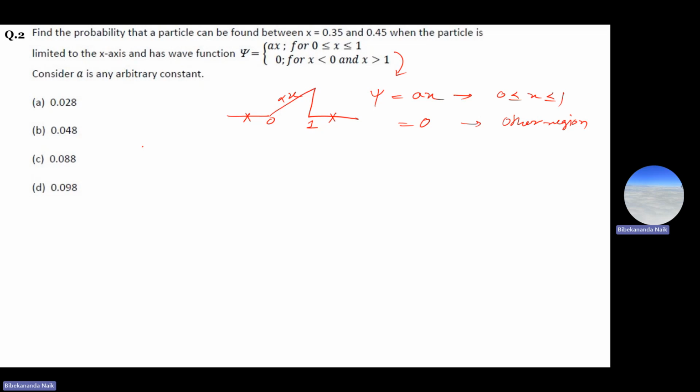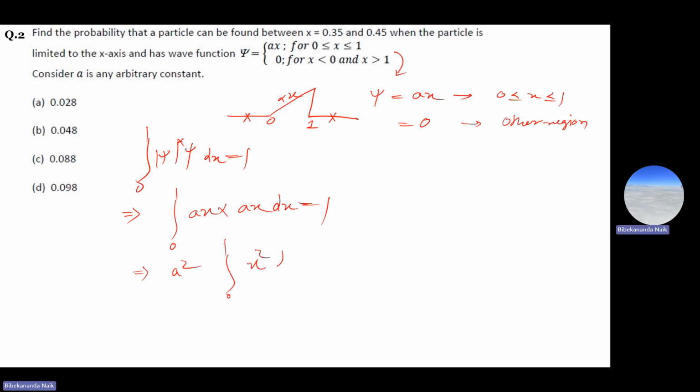According to this, the normalization condition will be integration 0 to 1 psi star psi dx equals 1. Psi star and psi are both equal, because the wave function is real. So it will be ax into ax dx equals 1. Then a square integration of 0 to 1 x square dx equals 1.